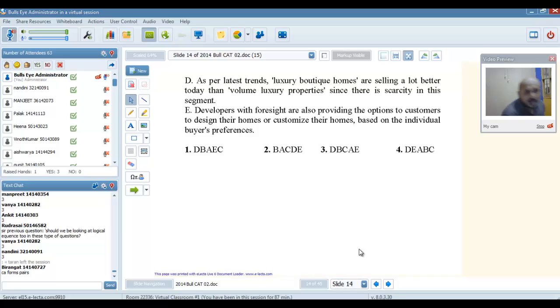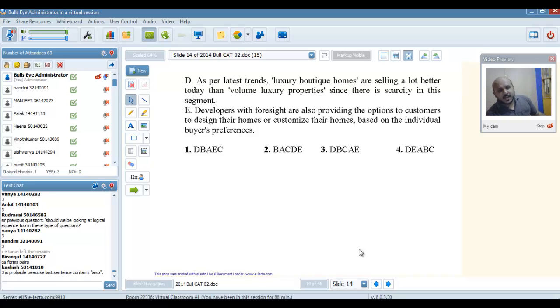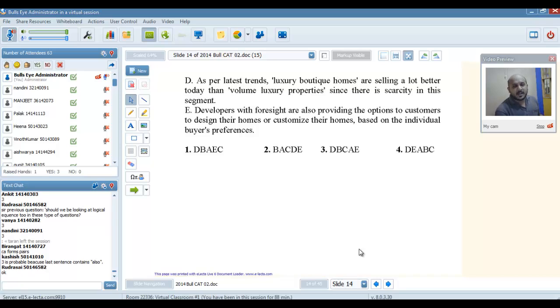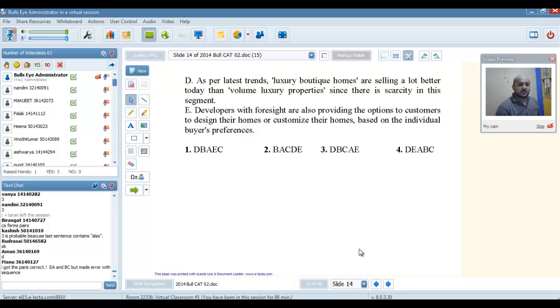For question number 58, one thing that you've got to keep in mind is the most generic statement that we need to begin with, it is statement number D. Another thing that you keep in mind is look at the options. The options only have D and B at the start. So I've got to pick which one is it.